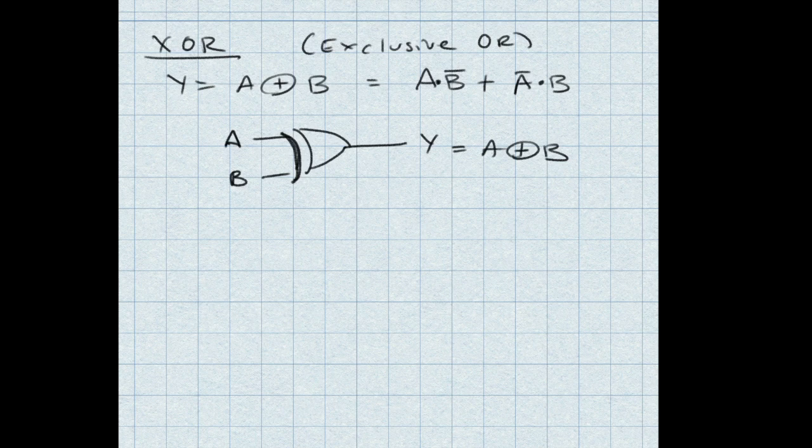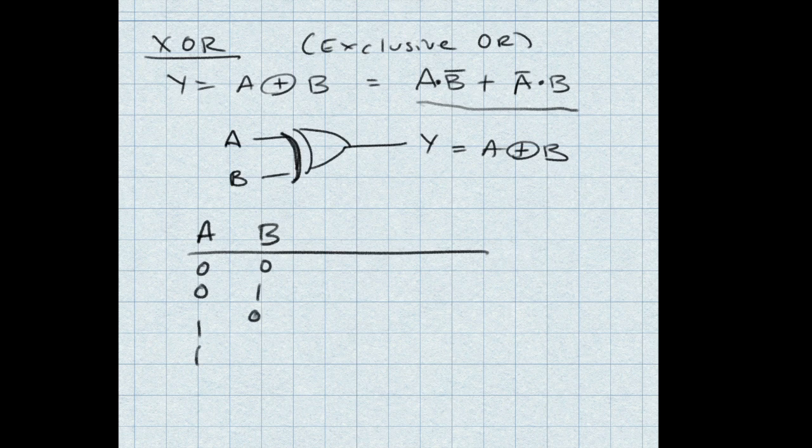So what does the logic for this look like? Well, first of all, I've represented the logic, as I said, verbally. But the way that I would build the logic table for this is I would start by writing A and B. So again, all possible values of A, 0, 0, 1, 1, and B, 0, 1, 0, 1.